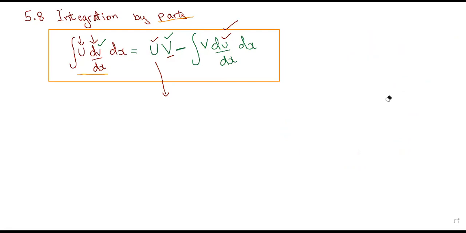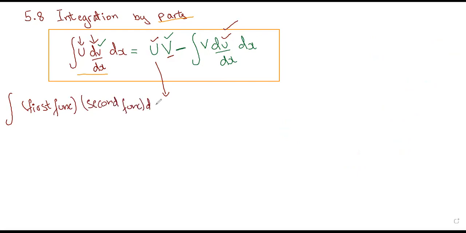Now, I will translate this whole thing in English. So we have the integral sign, the first function, then the second function. This dv by dx is nothing but the second function.